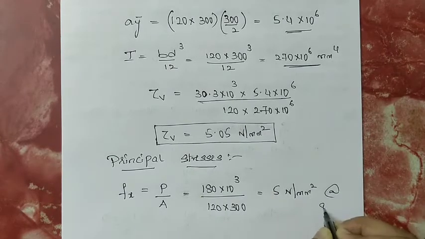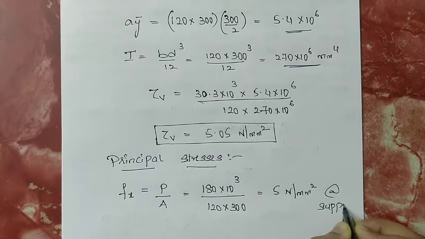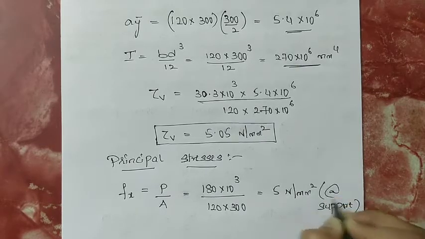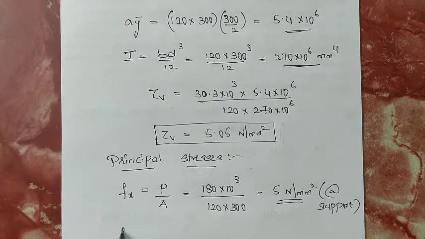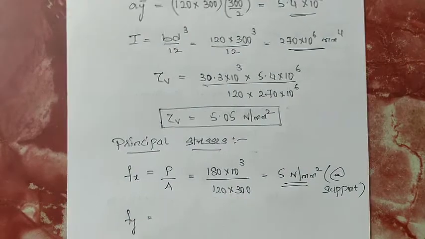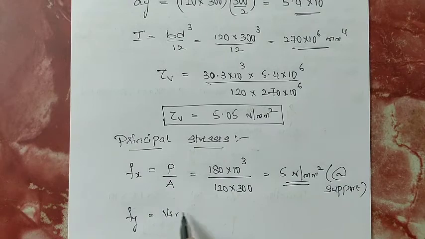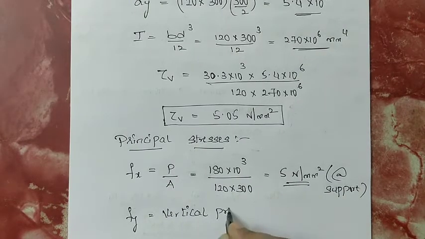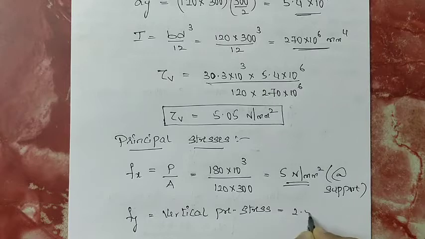It is at support. Okay. Similarly, Fy is what? It is what? Horizontal pre-stress, f of x. Vertical pre-stress they have given in the problem. Vertical pre-stress, that is equal to 2.5 Newton per mm square.